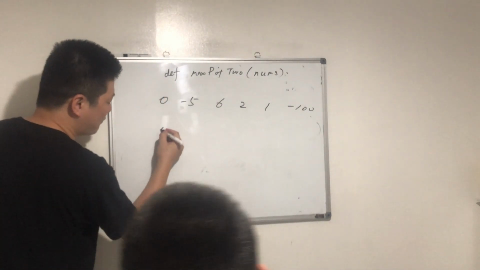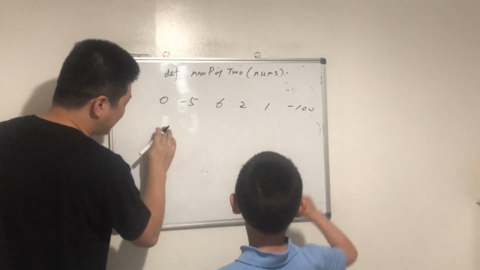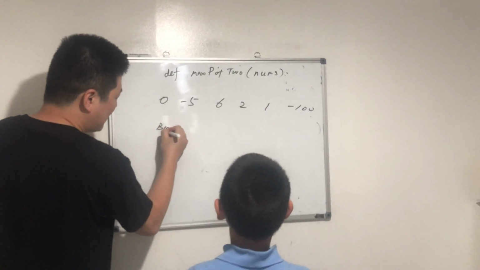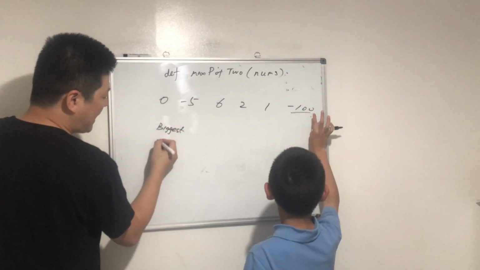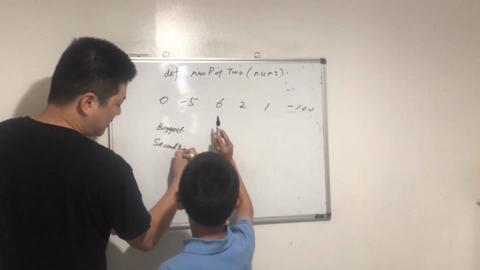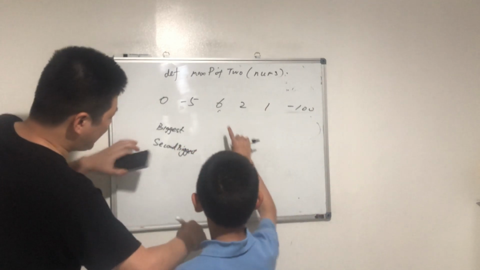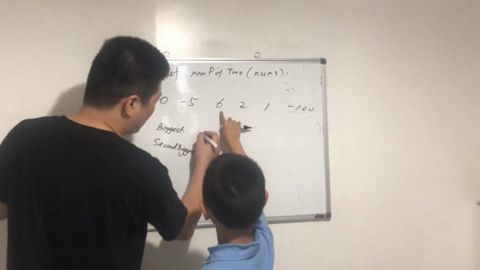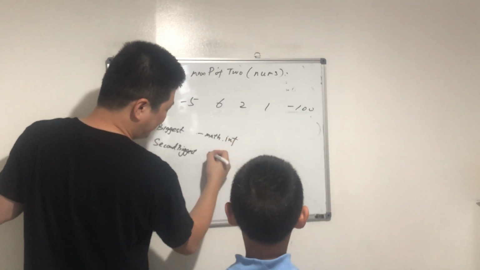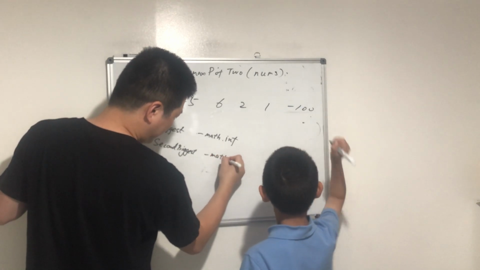Let's set the biggest number and then the second biggest. The biggest so far is this one. I know the biggest and second biggest. Initially, they will be equal to negative infinity, yeah? Because I want to keep it.